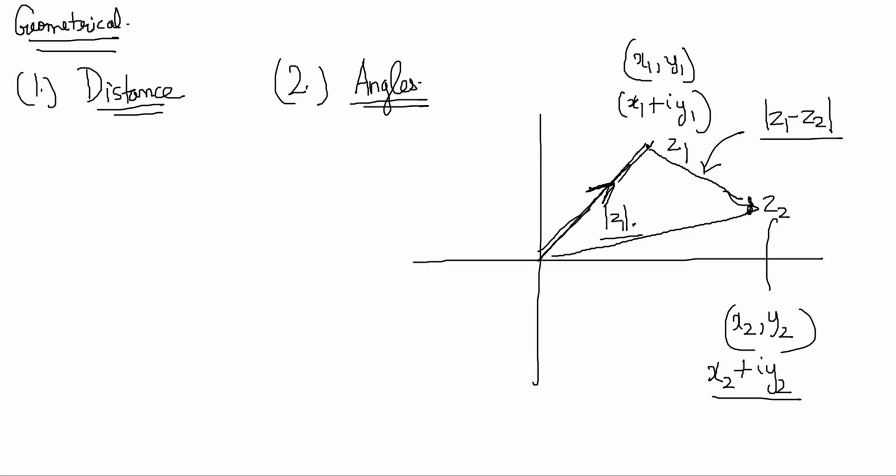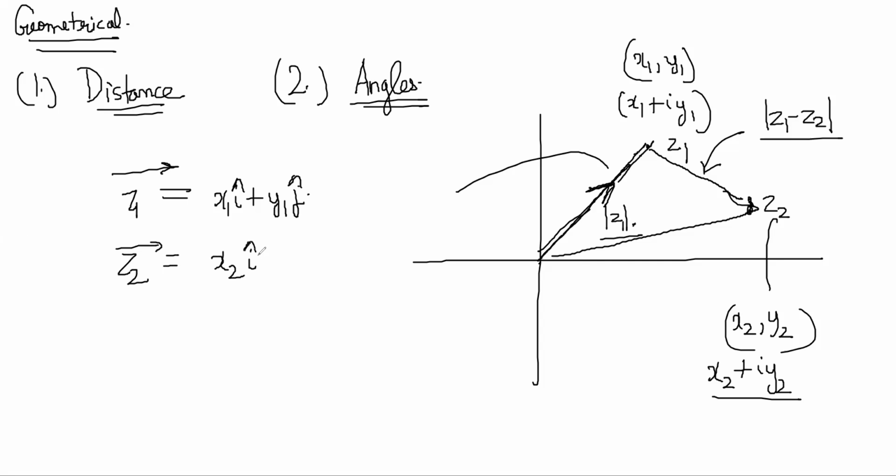I can write a position vector from origin to Z1. What will be the vector for that? It will be x1 i cap plus y1 j cap. This is the Z1 vector. And the Z2 vector is simply x2 i cap plus y2 j cap, right?